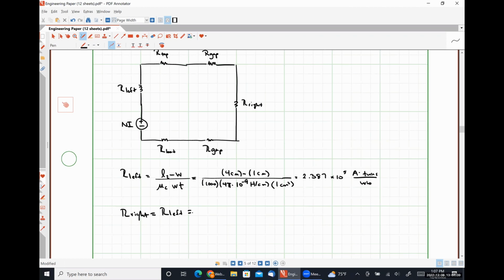And so this is going to be 2.387 times 10 to the 5 amp turns per Weber, excuse me.